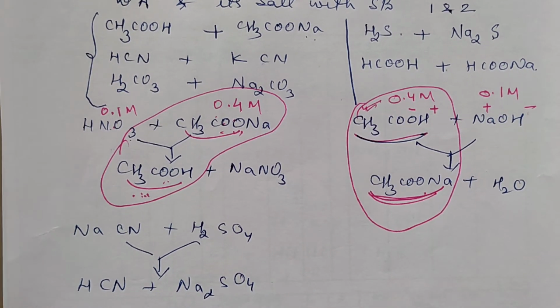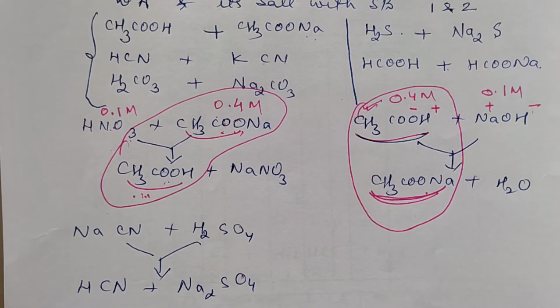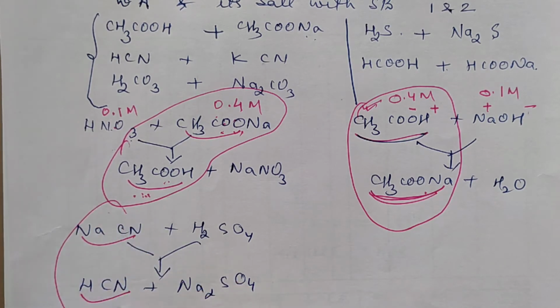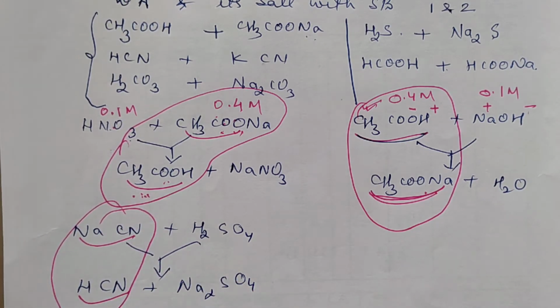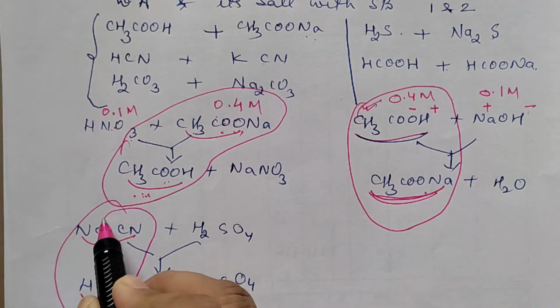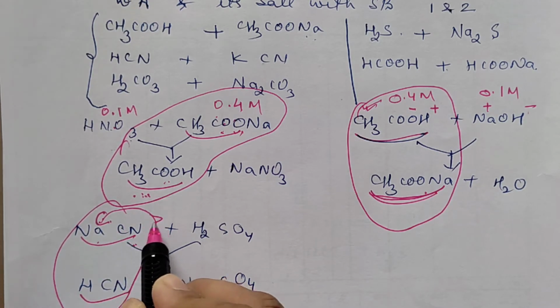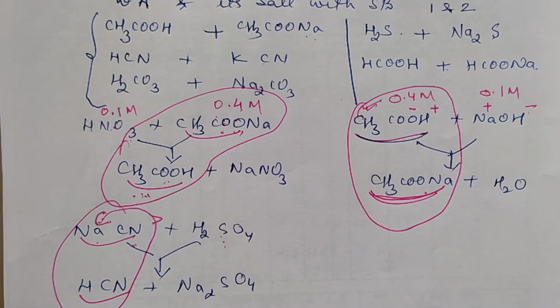Now you see this is NaCN and this is HCN. These two together can form a buffer solution. Again, this can act as a buffer solution only if the concentration of this one is more than the sulfuric acid. Sulfuric acid should have been used completely in the reaction.